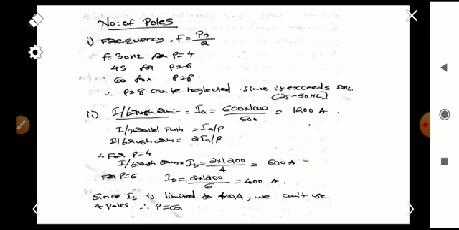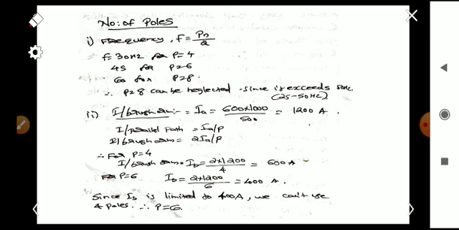But we have to check another condition also, that is current per brush arm. For a machine, the current per brush arm should not be greater than 400 ampere, and the current per parallel path should not be greater than 200 ampere. That we have to check here. For that, first we have to find the current I_a.